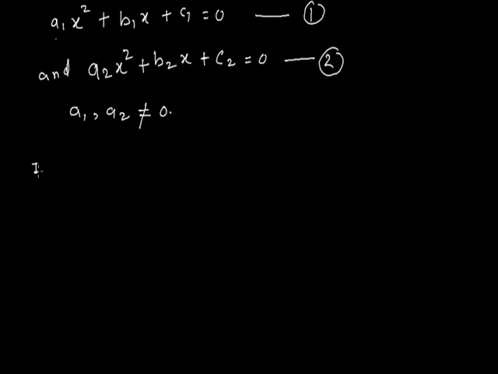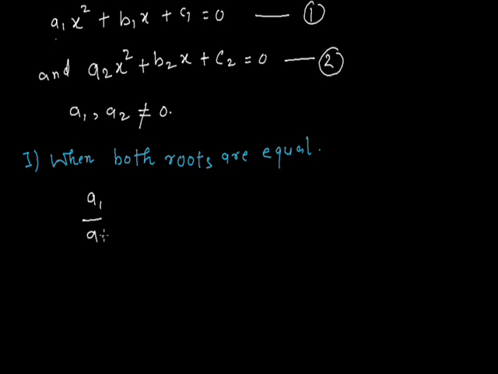First, when both roots are equal in both equations 1 and 2, the condition is a1 upon a2 equal to b1 upon b2 equal to c1 upon c2.